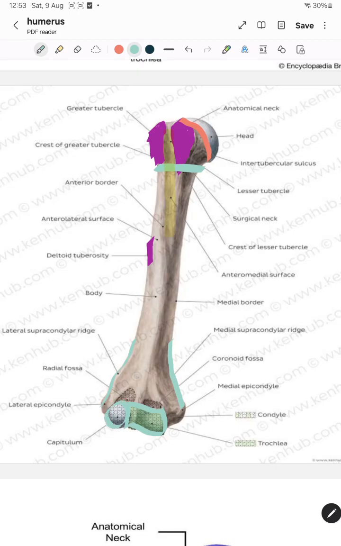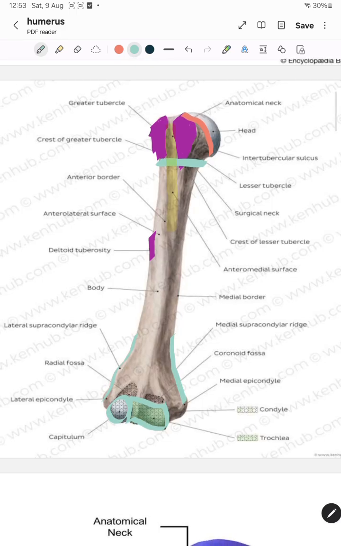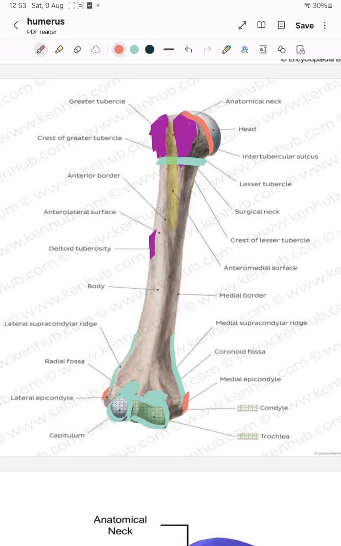Above the capitulum, on the anterior aspect, we have the radial fossa, and on the medial side above the trochlea we have the coronoid fossa. Then we have the lateral epicondyle and medial epicondyle. So these are the features on the anterior aspect of the humerus.